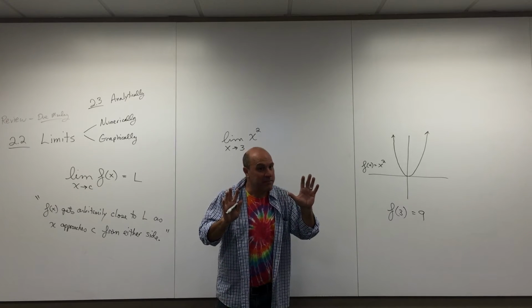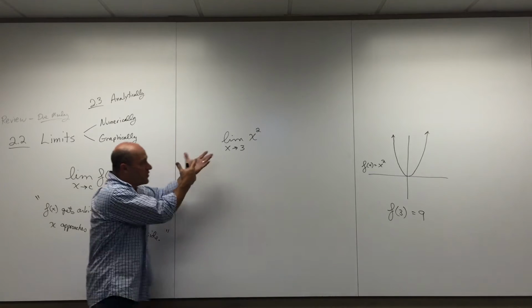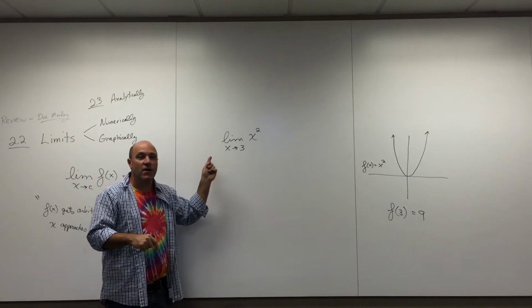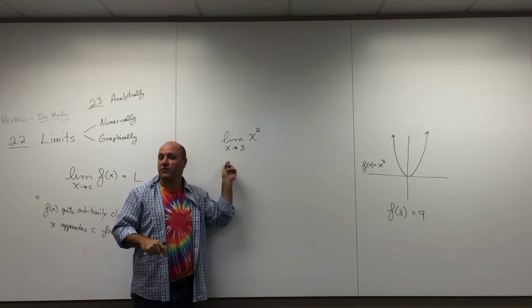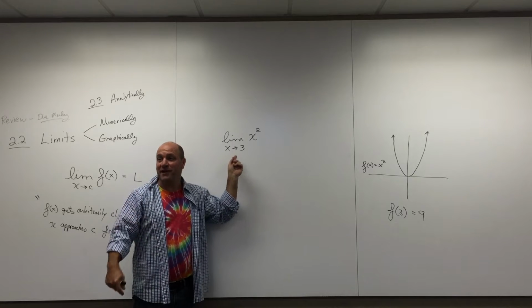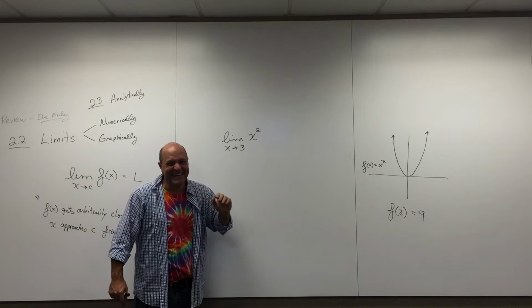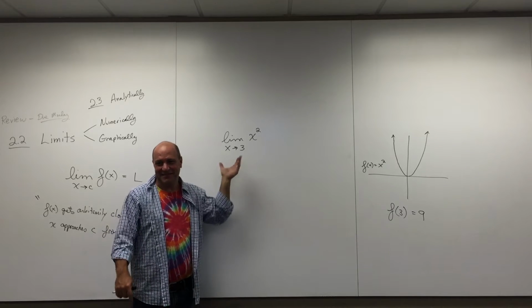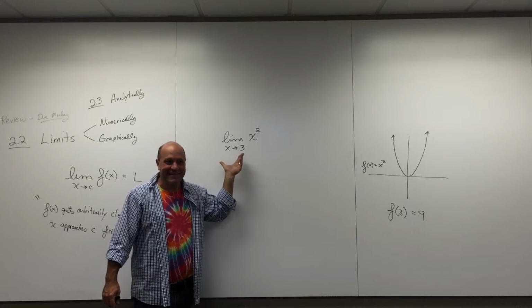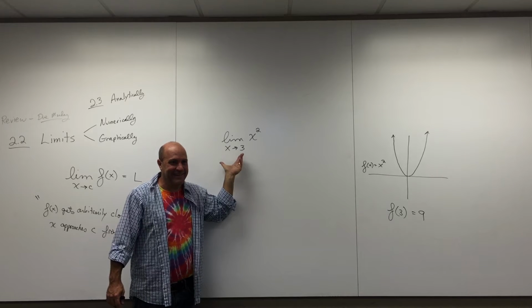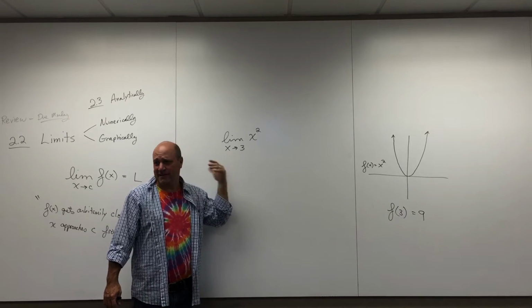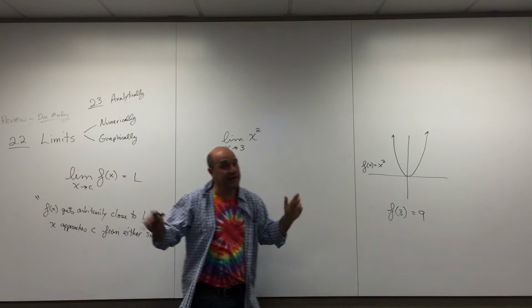So the big point I'd like to make is that this is a different question. This is, when x gets really, really close to 3, what is the function getting really, really close to? 9. You're right. The answer is still 9, which is why this is a little bit of a boring one. And so you might say, what's the difference?